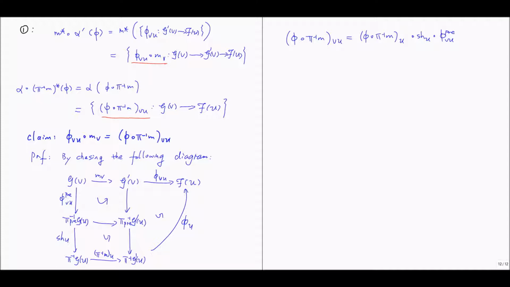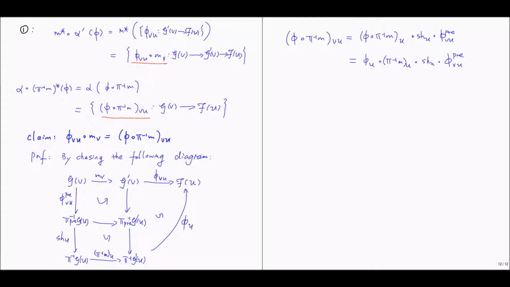But using the commutativity of those 3 regions, we know the composition of those 4 arrows will be equal to this guy composed with this, composed with this, and this.